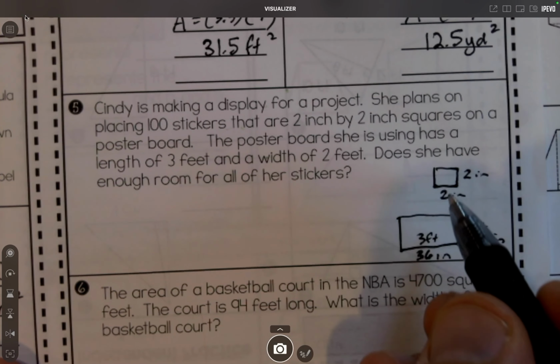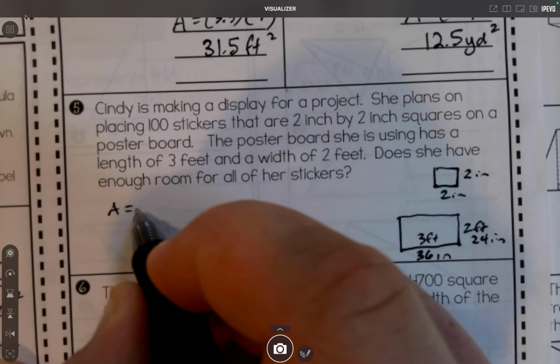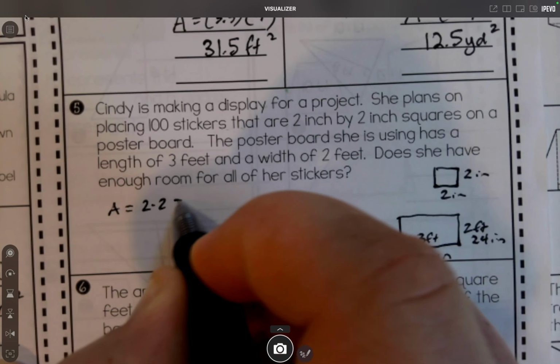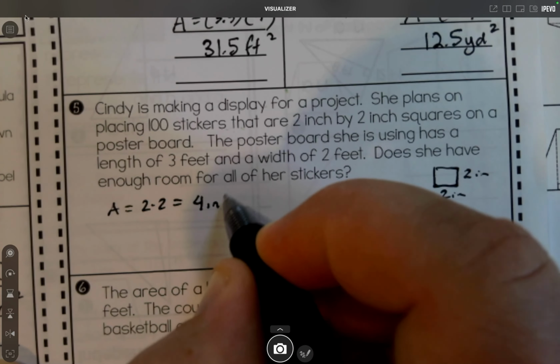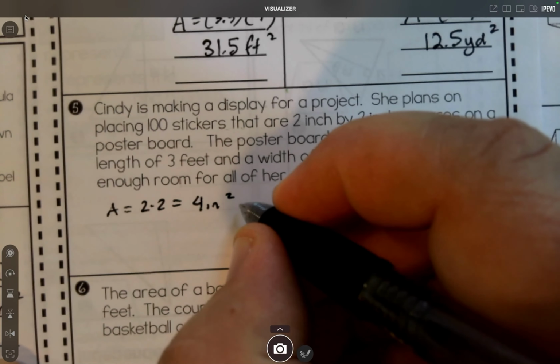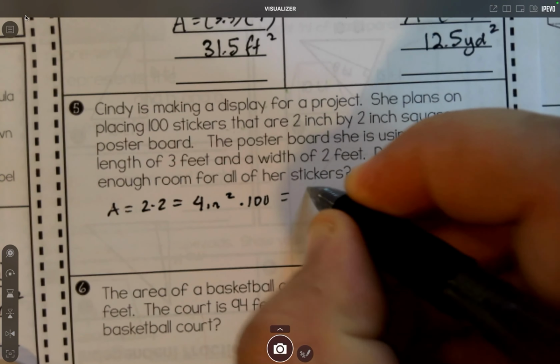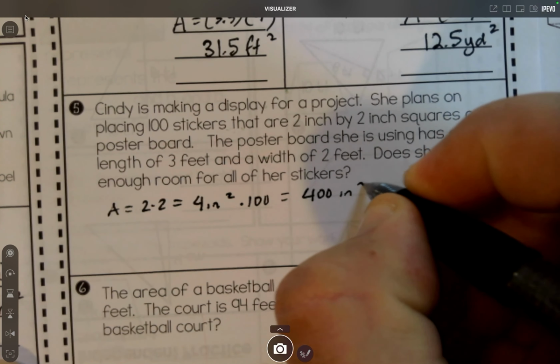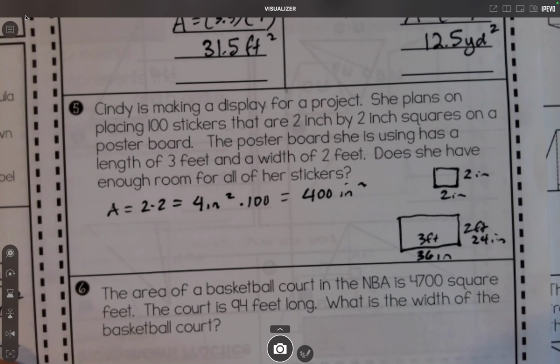So the area of one sticker, base times height, gives me 4 square inches. Now there is 100 of those though, so I have to multiply by 100. The stickers are going to take up a total of 400 square inches. So that's the sticker area.